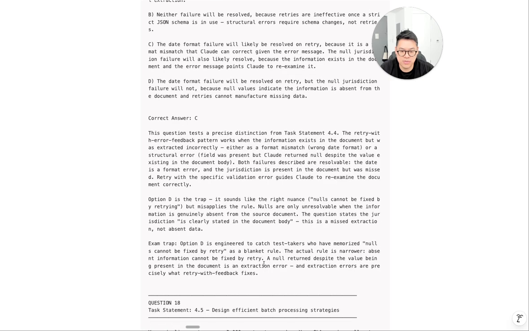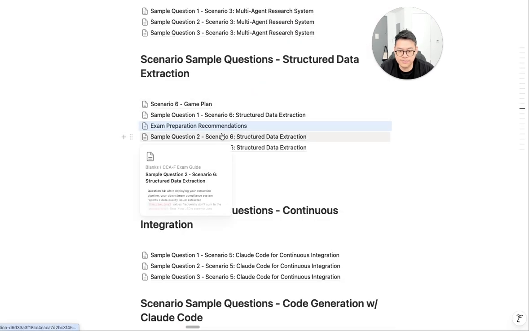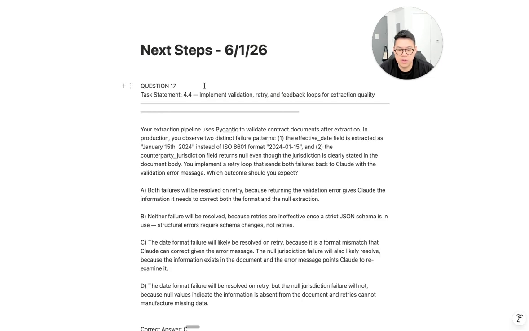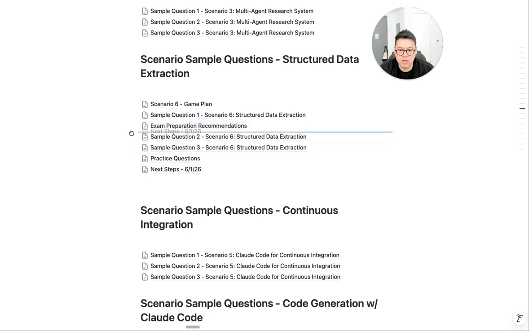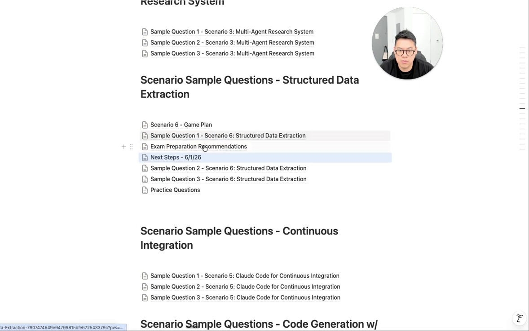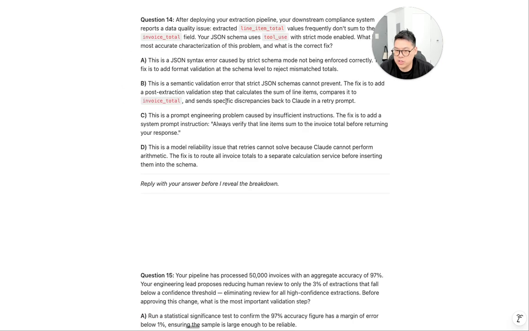17. I'm going to take this. I'm going to go out there. Well, here you go. And then now I have 17. So the next thing that I got here is 14.